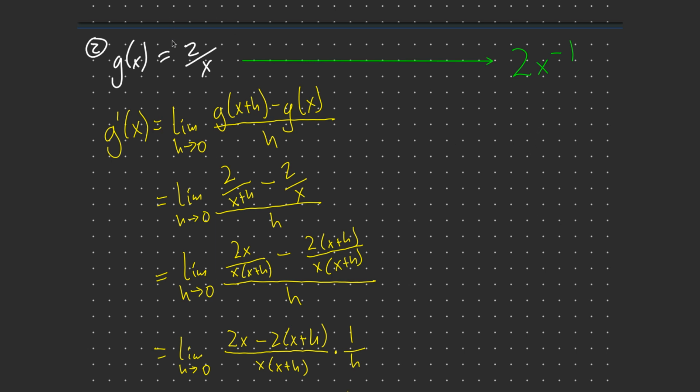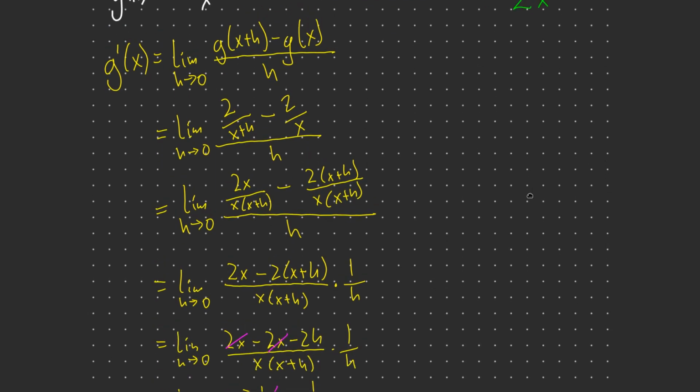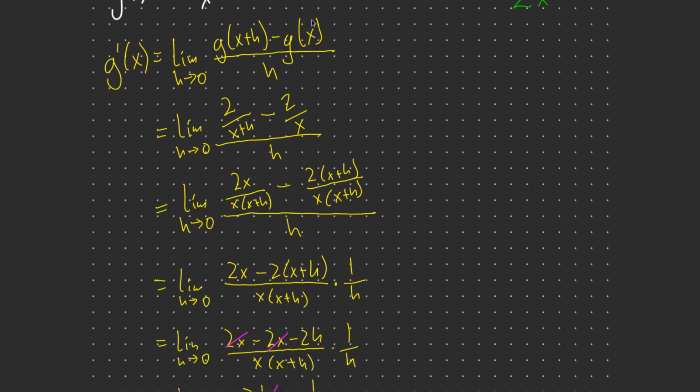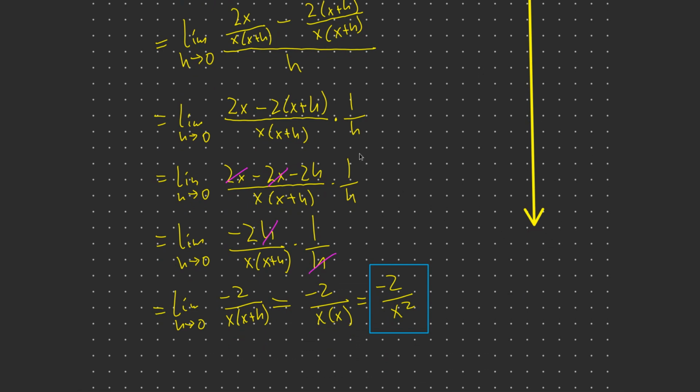But the interesting thing here is that if I take that and I see, okay, what happened to this function? I took the derivative, right? All of this work here in yellow, I took the derivative, okay? And I got an answer out. And what did that answer look like? Well, it looked like negative 2 over x squared.